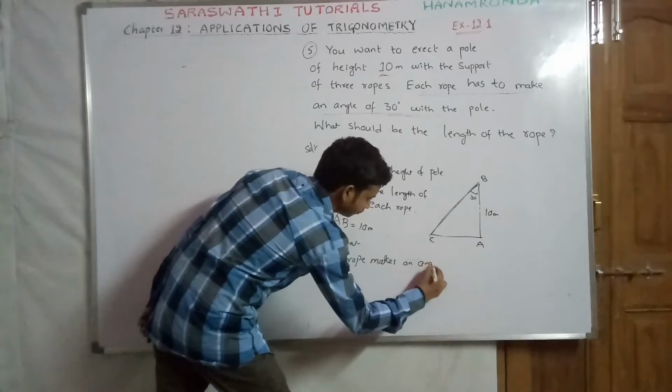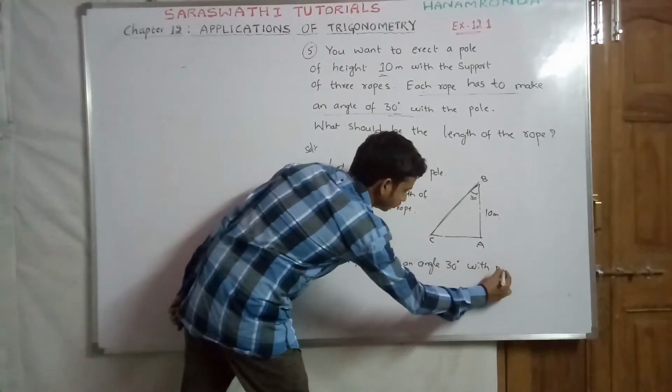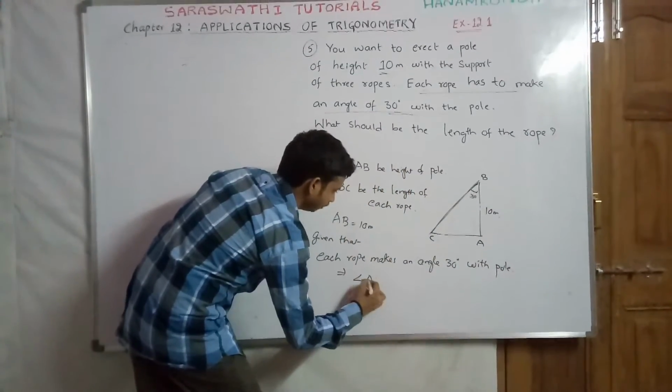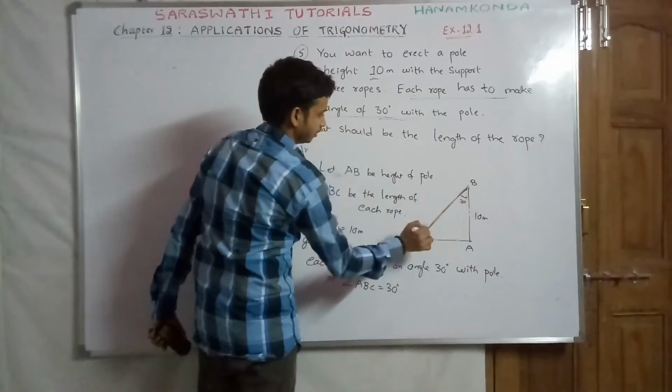It implies that angle ABC equals 30 degrees.